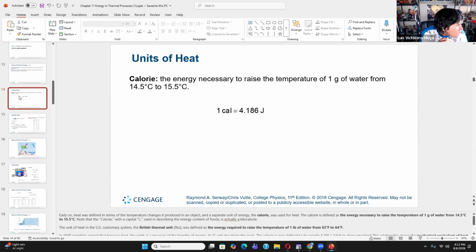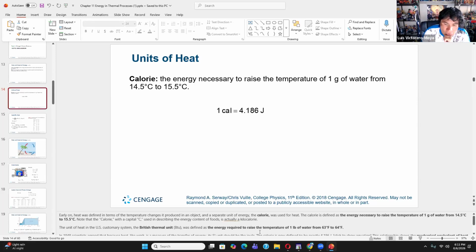And what's work is change of energy, right? So the calorie is the energy necessary to raise the temperature of 1 gram of water by 1 degree Celsius. All right. And that is the conversion between calories and joules.